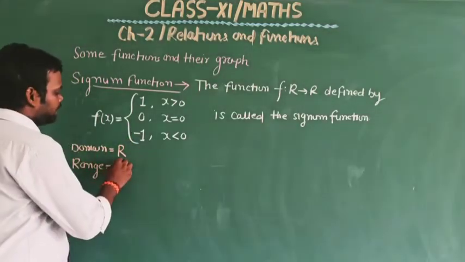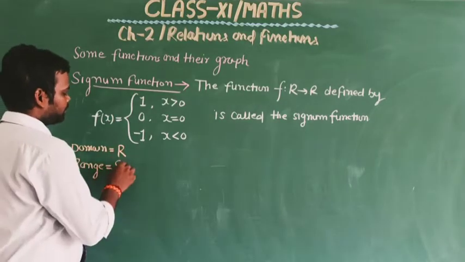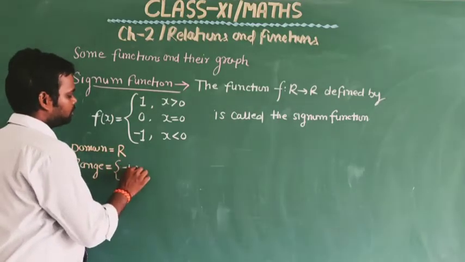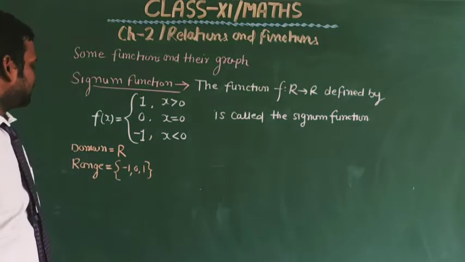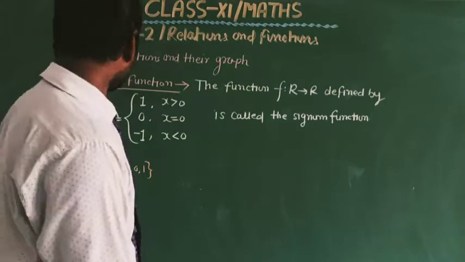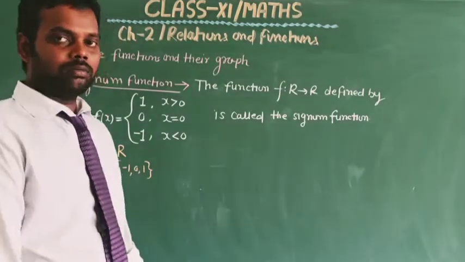So we can say the range of the signum function is minus 1, 0 and 1.